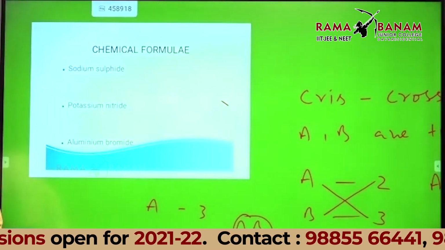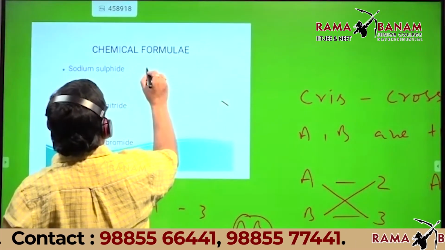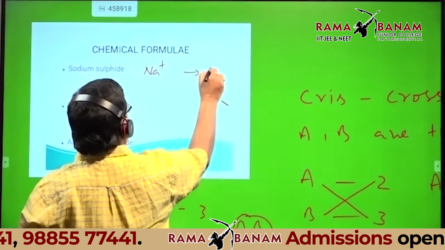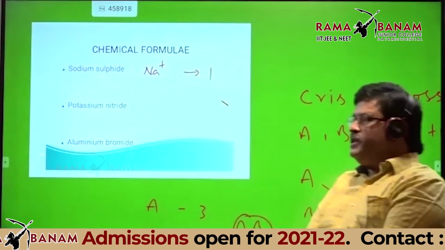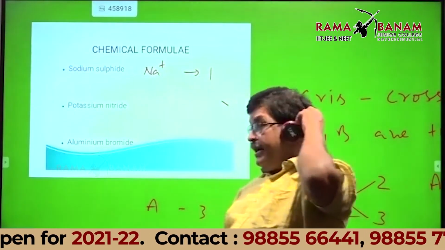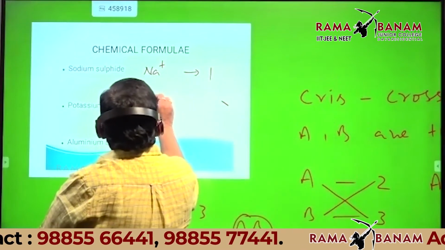I'll show how to write. Listen, students. Sodium is Na plus, so its valency, which is nothing but the charge on that ion, is 1. And can anyone tell the formula of sulfide ion? S2 minus.